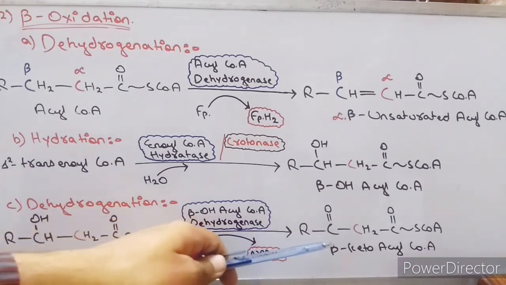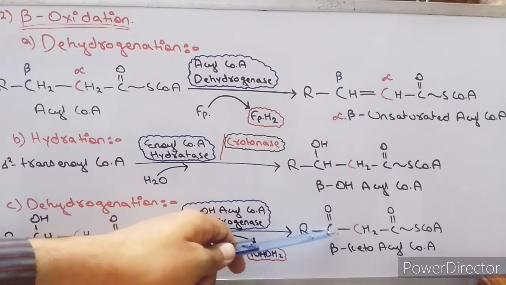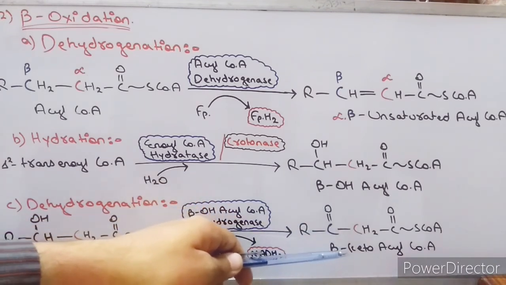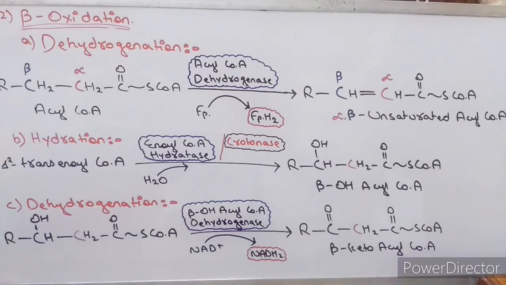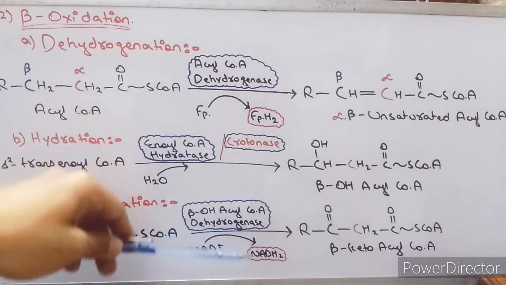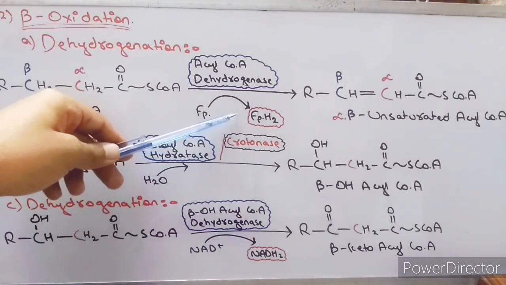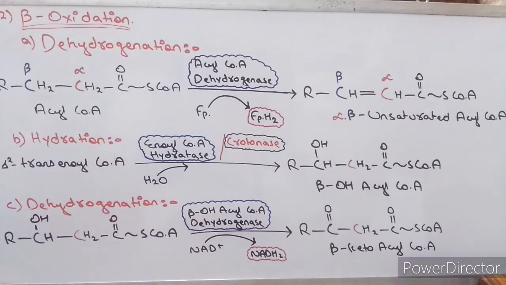So the resultant compound has a keto group on the beta carbon, which is the beta keto acyl coenzyme A, catalyzed by the enzyme beta hydroxy acyl coenzyme dehydrogenase. I highlighted these two, NADH2 and FADH2, because they are important in energy production, as these reduced coenzymes are reoxidized in the electron transport chain and utilized for energy production.